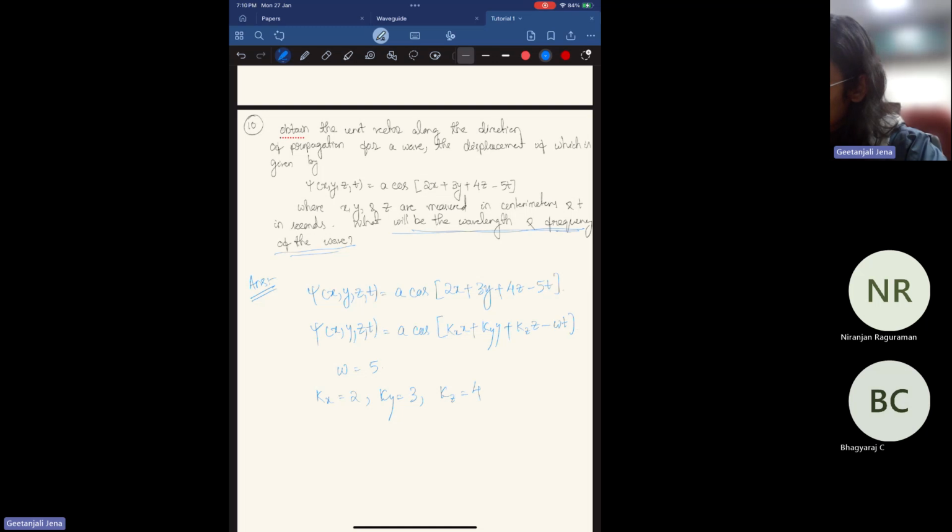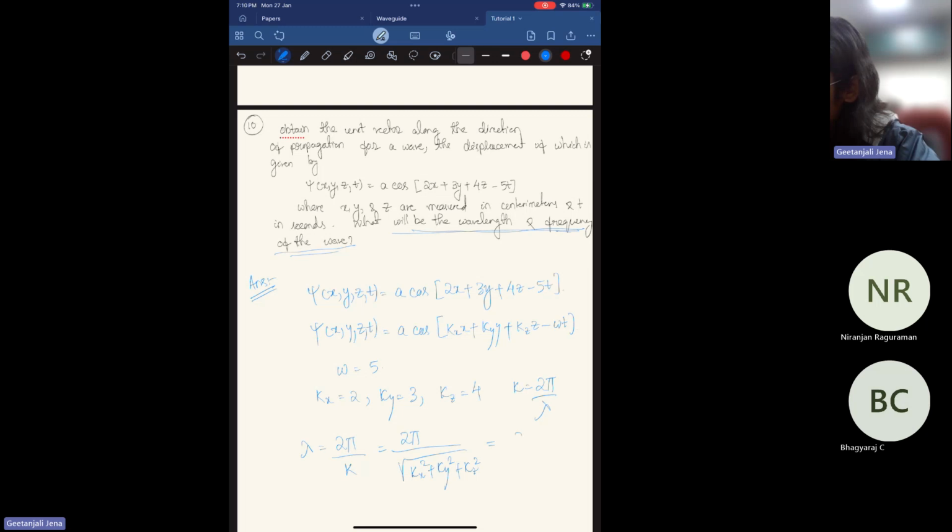The question is asking what is the value of lambda here. For lambda you need k, because k is 2 pi by lambda. So lambda is 2 pi over k, where k is the square root of kx square plus ky square plus kz square.